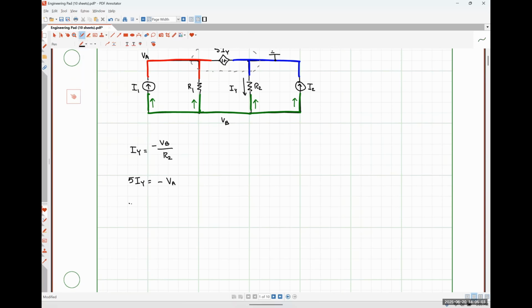So that would be I1 plus (VB minus VA) over R1 plus VB over R2 plus I2 is equal to 0. And so solving this system, where our variables are VA, VB, and IY, should allow us to get the answer for IY that we're looking for.